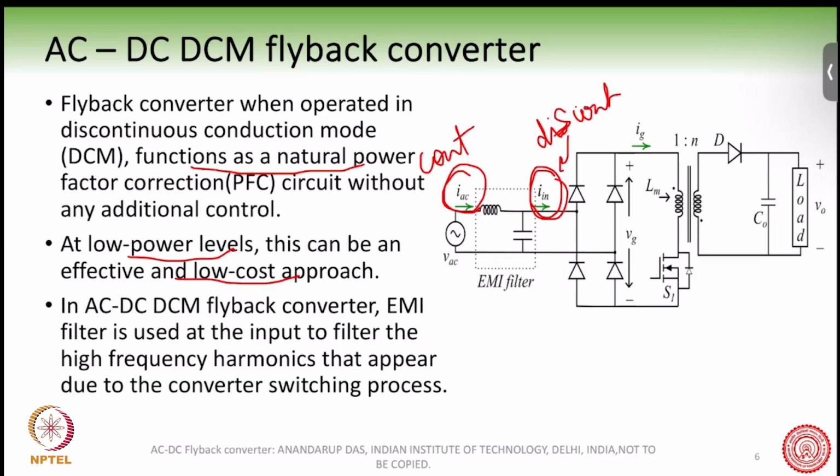And so we need a form of a filter so as to remove the harmonic parts from this I in and make the current 50 Hertz sinusoidal. So the filter basically removes the high frequency harmonics due to the converter switching process. So this is essential when we operate the DCM flyback converter.